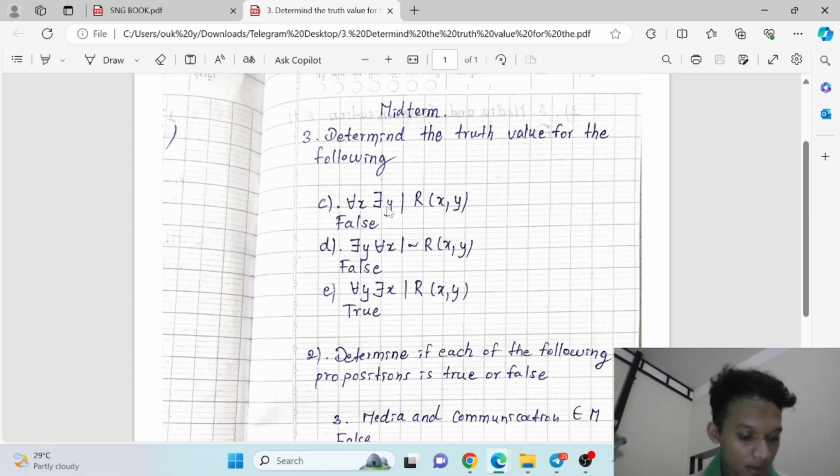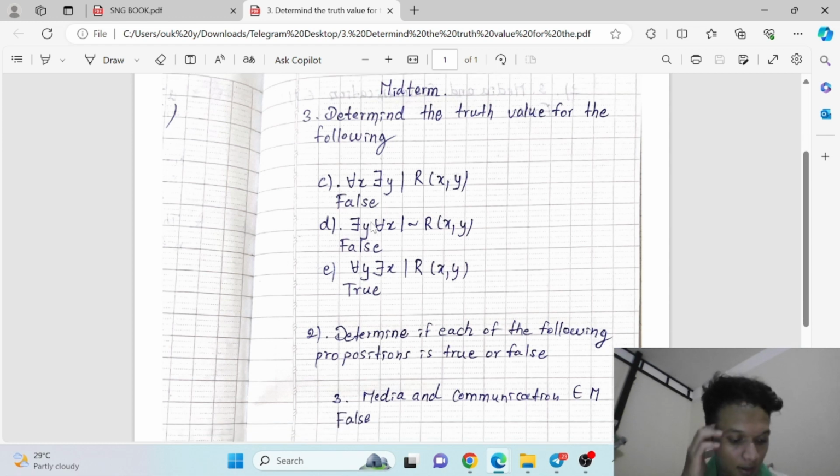So C asserts that for every real number x there exists a real number y such that the product of x and y is 10. However, this is not true for all real numbers x, as some values of x, such as x equal to 0, would not have a corresponding y such that x times y equals 10.